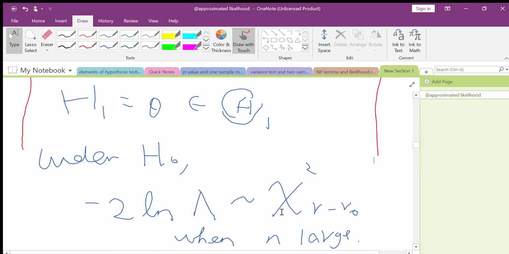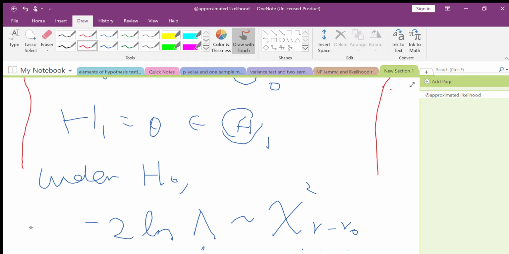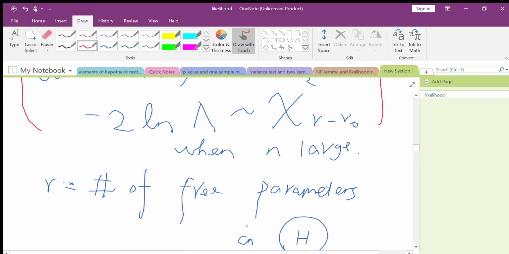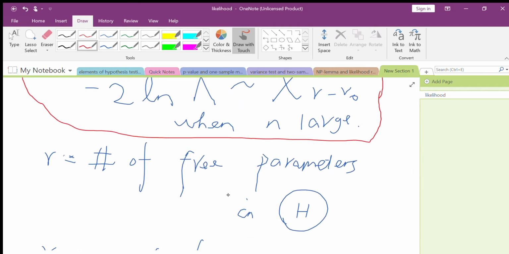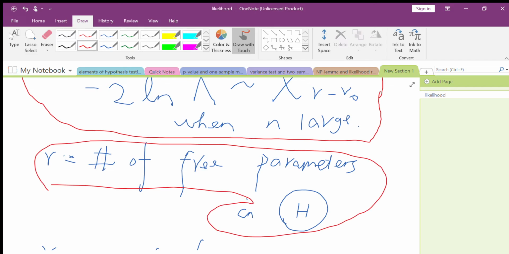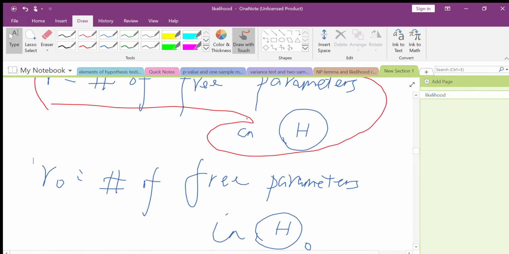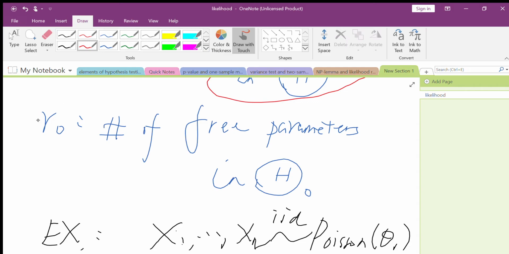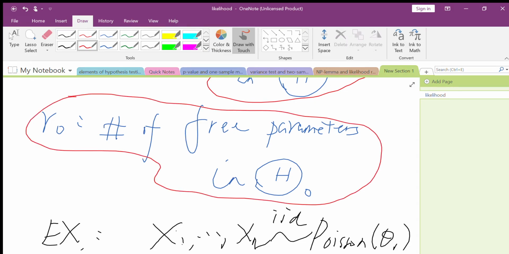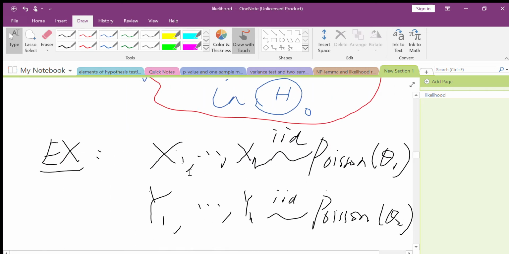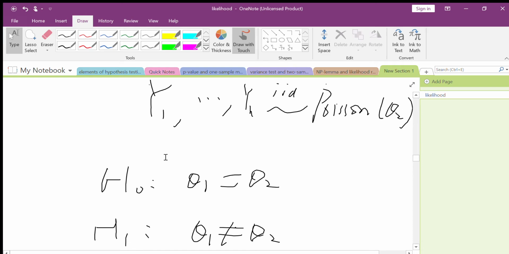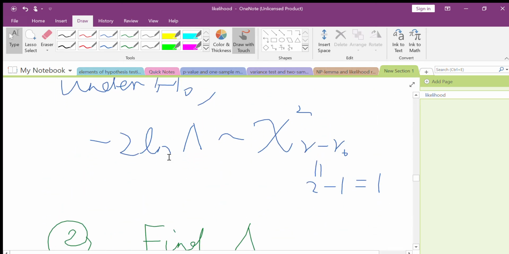Under H null we have this very useful result: the negative 2 log of the likelihood ratio is approximately chi-square with degrees of freedom r minus r0 when n is large. And r is the number of parameters in the global parameter space, and r0 is the number of free parameters in the null parameter space. I've given you this example to show the application of this theorem.